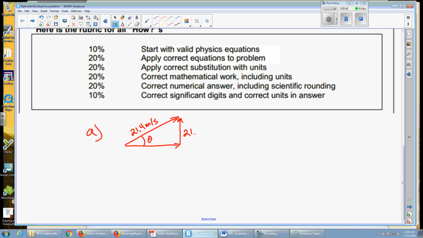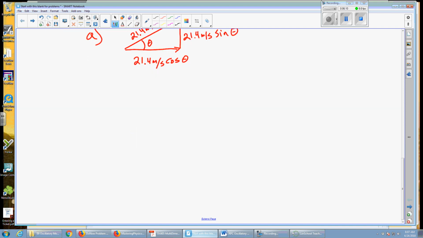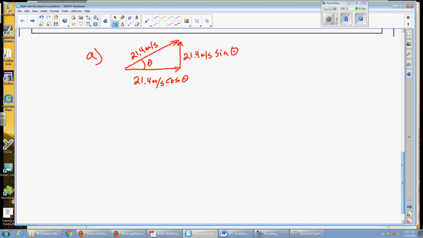So vertically, it's going at 21.4 meters per second sine theta, and horizontally, it's going at 21.4 meters per second cosine theta. So right away, to make the math easier, I'm going to break it into x and y. What's it doing in the x and what's it doing in the y? Because those are independent of each other.